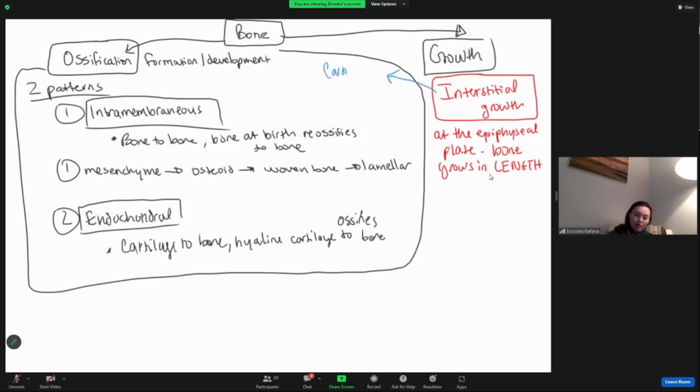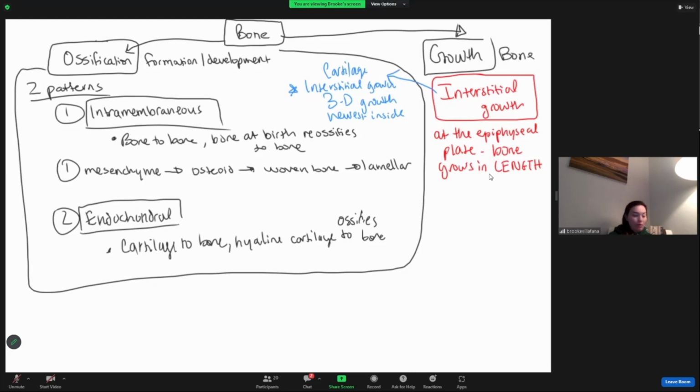In cartilage, we also had interstitial growth, but this was 3D growth, and it had the newest cartilage on the inside. So does everybody see how this is different? Cartilage interstitial was 3D growth. Interstitial growth for bone is going to be bone growth in length.